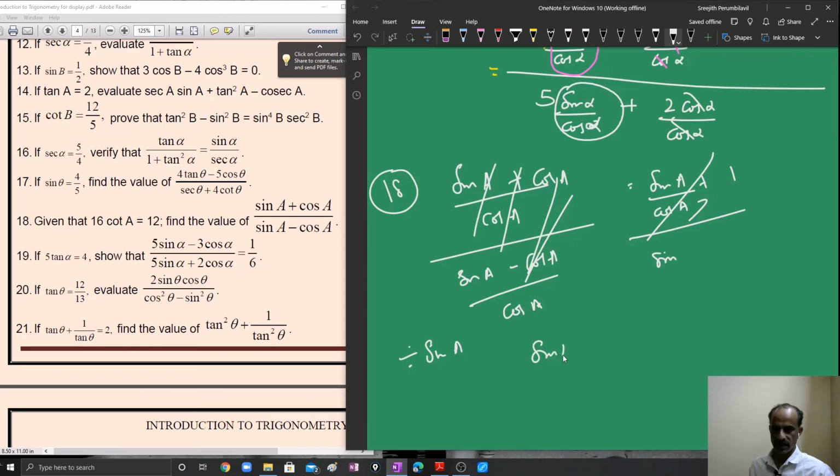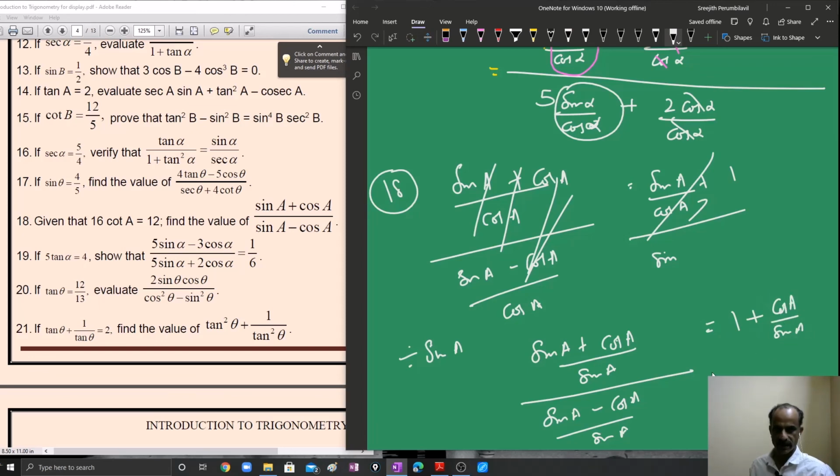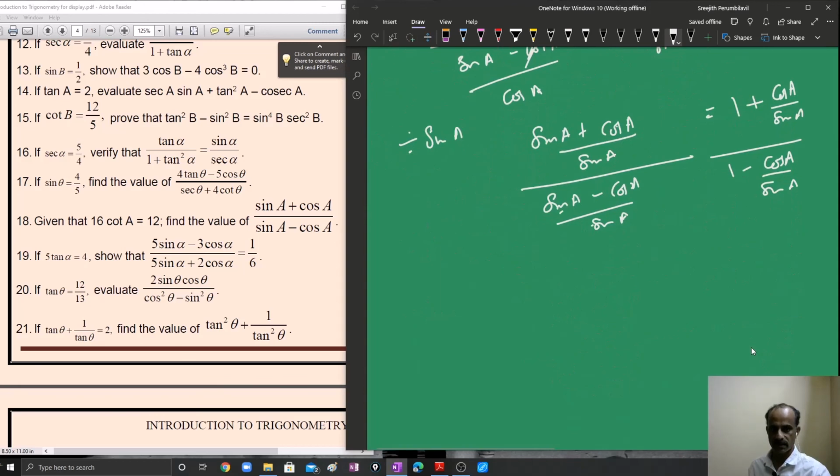So it will be sin A plus cos A divided by sin A, whole divided by sin A minus cos A divided by sin A. This will be equal to sin A by sin A, 1, plus cos A by sin A, divided by 1 minus cos A by sin A. This is equal to 1 plus cot A divided by 1 minus cot A. Cot A is directly available, 12 by 16.